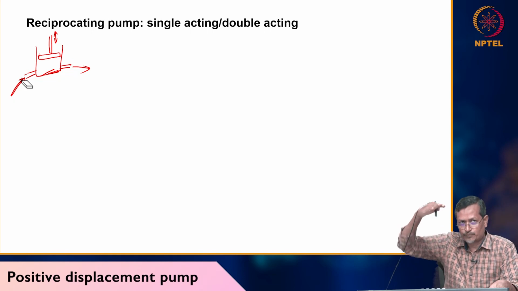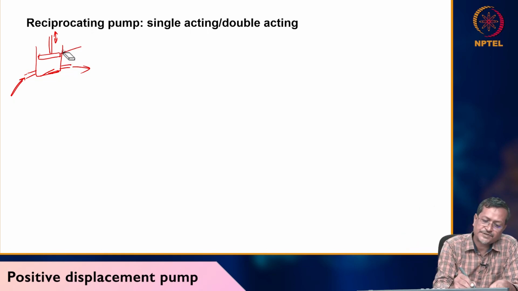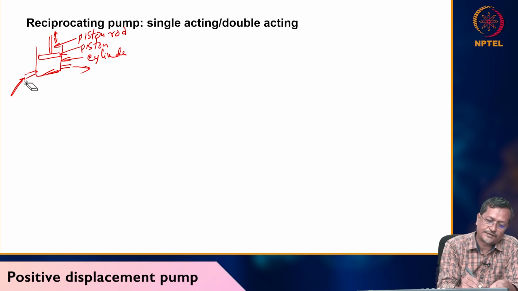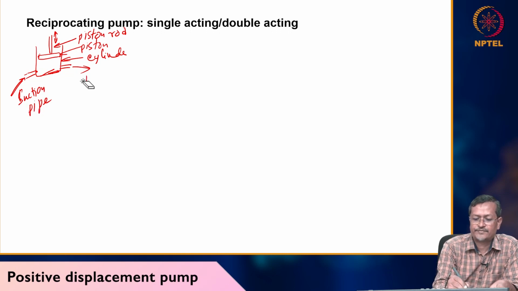When the piston is pushing down, this is called piston. This is piston rod. This is cylinder. This is suction pipe. This is delivery pipe.